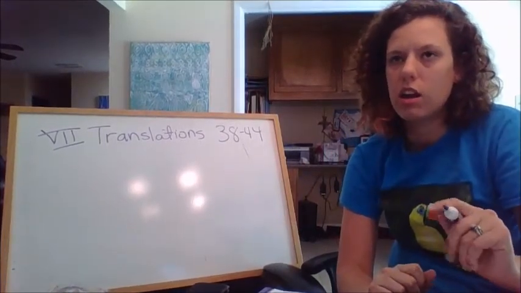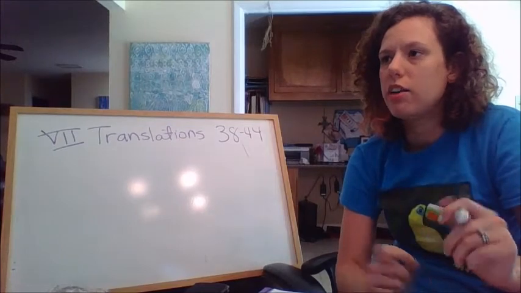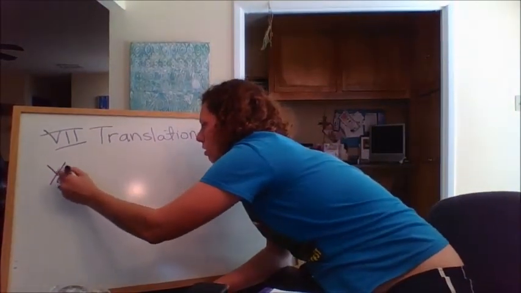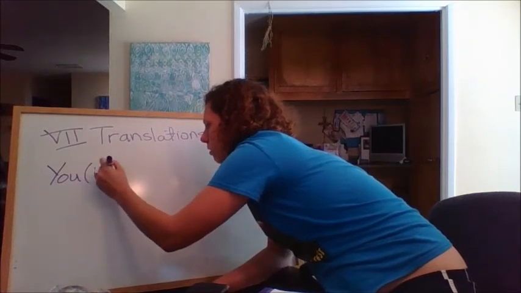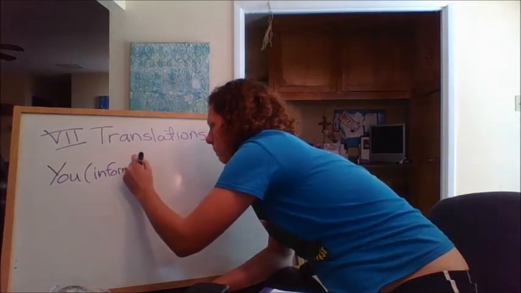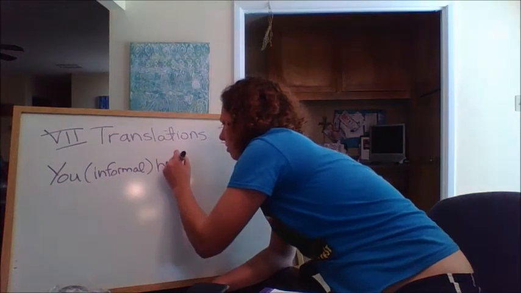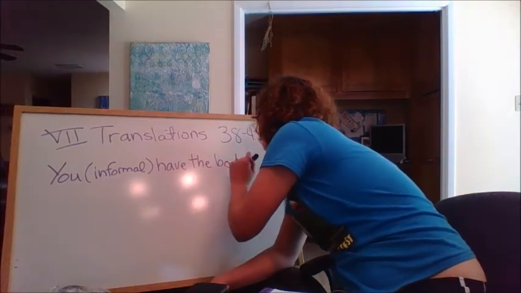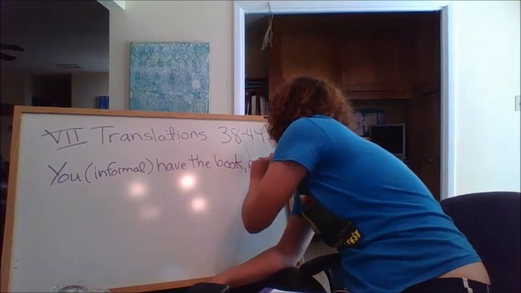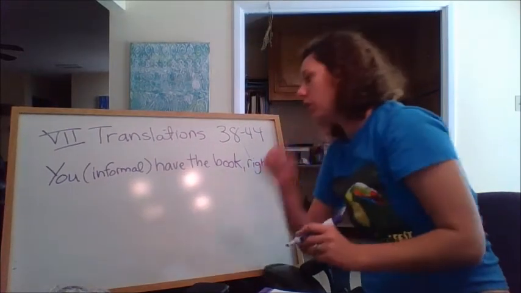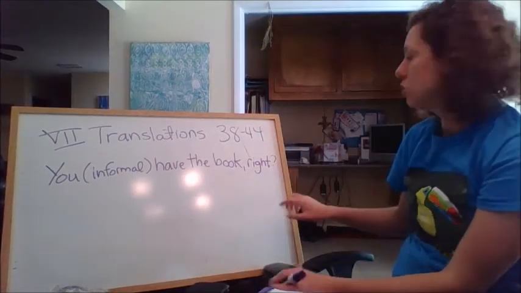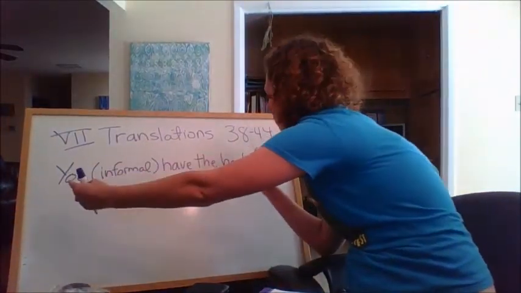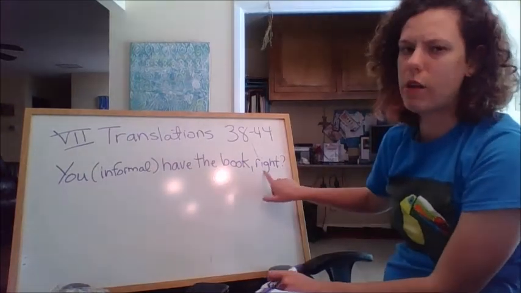We said, you, informal, have the book, right? You have the book, right? So this was a tag question because this right here is a statement. You have the book. But then we're like, right?